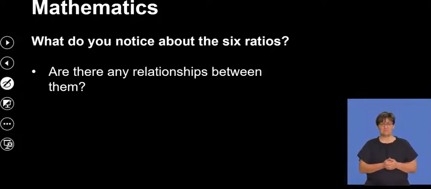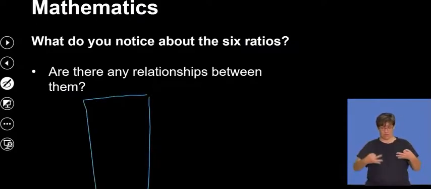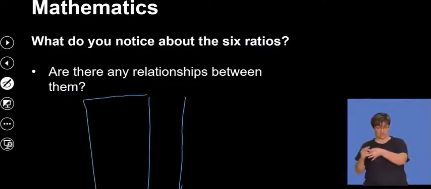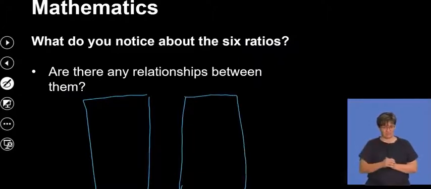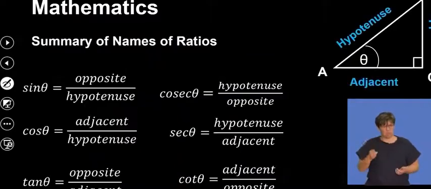Now, what do you notice about the 6 ratios? Are there any relationships between them? What do you think? If I looked at my first 3 ratios, is there a relationship of those ratios with these? Kind of, because we saw that we were swapping the numerator and the denominator around. But what exactly do we call that?